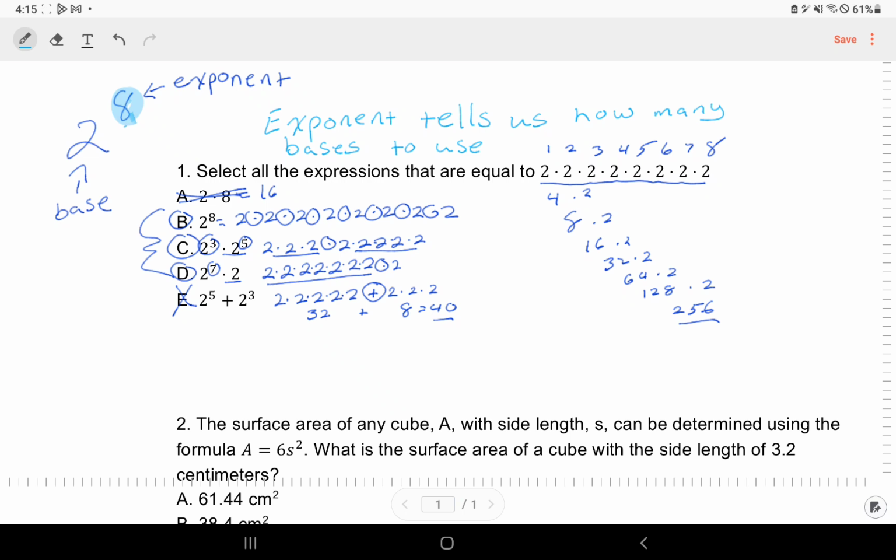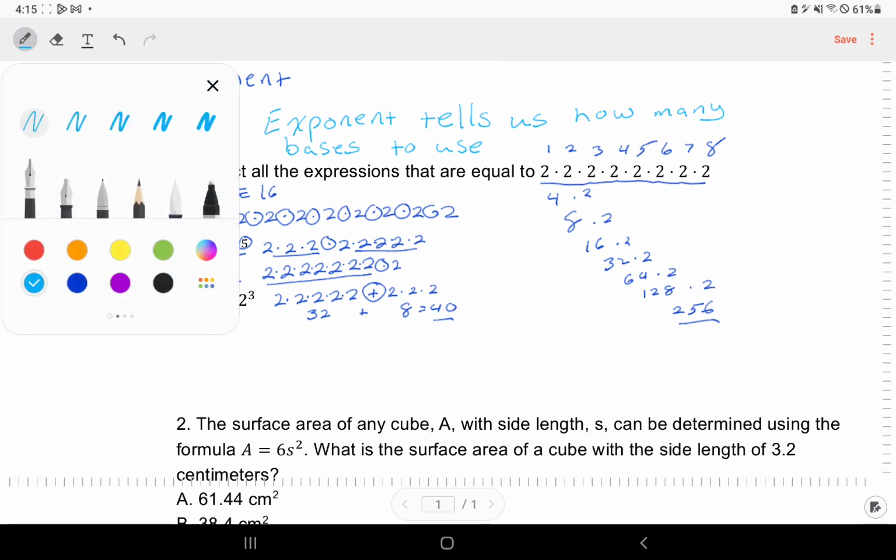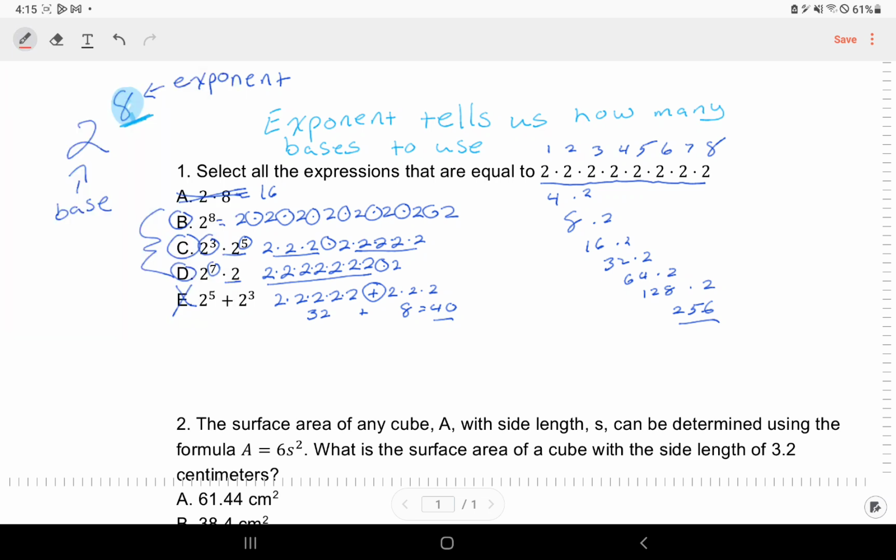So, since this was an 8, we have 8 bases. And it's always multiplying. Okay? So it's always multiplying.